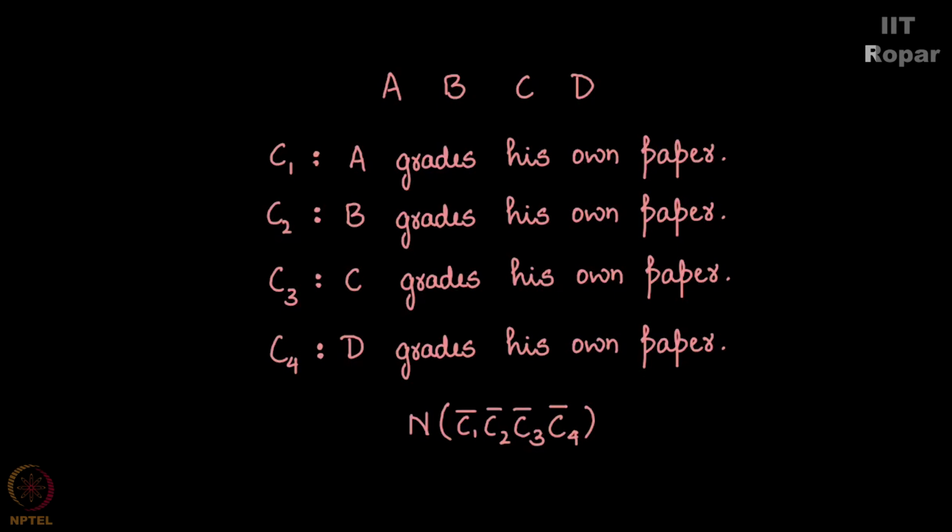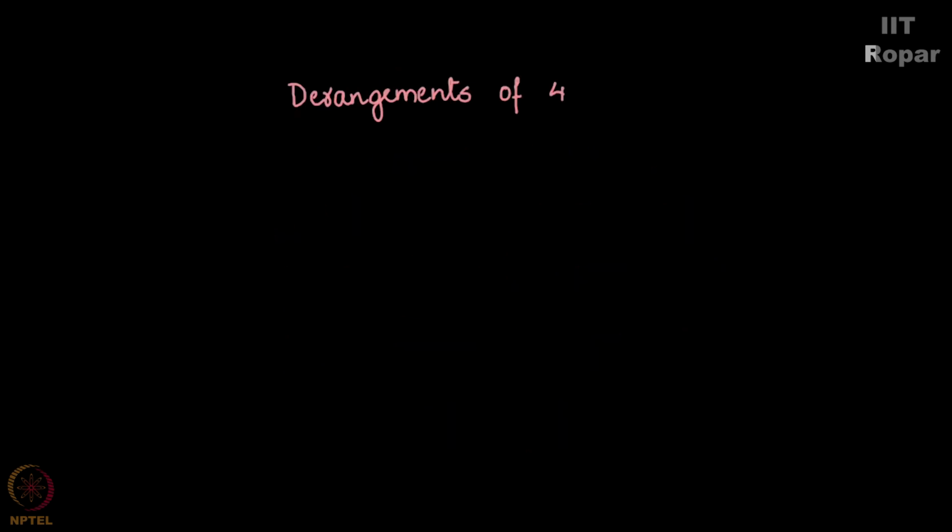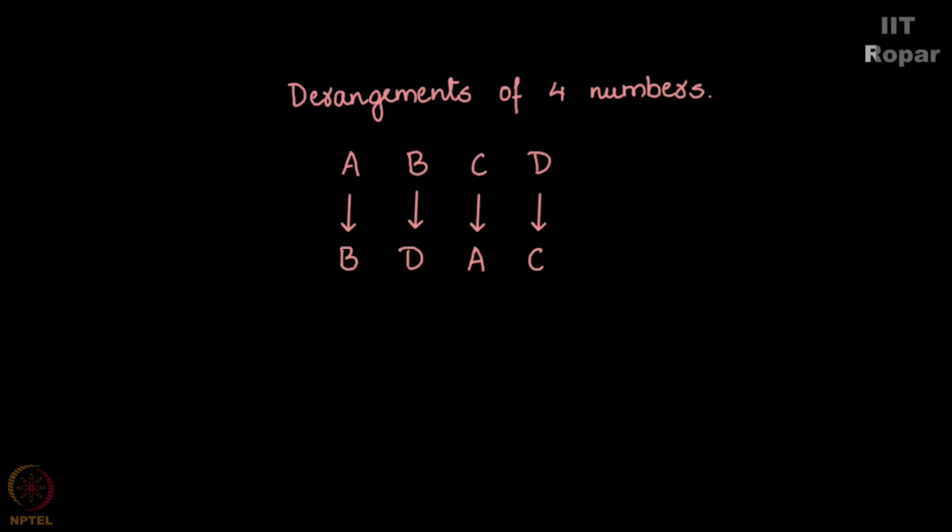Now, it is equivalent to the derangements problem of 4 numbers. You have already seen that. Let me enumerate a few possibilities here. A can grade B's paper, B can grade D's paper, C can grade A's paper and D can grade C's paper.